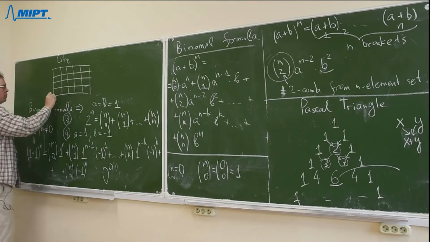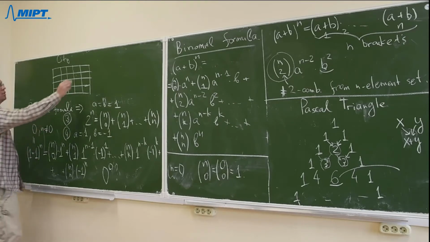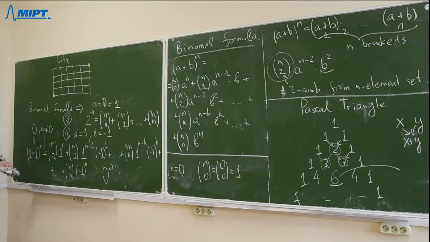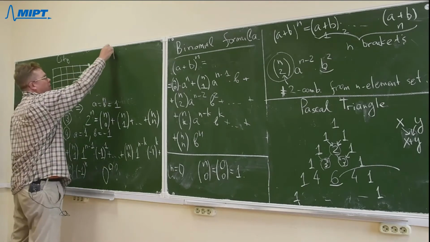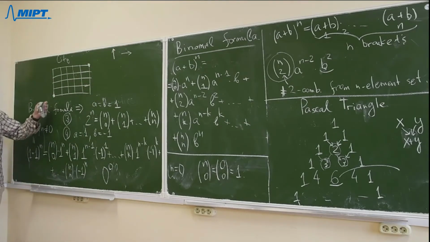And suppose we want to go from the lowest left point to the upper right point. And we, of course, want to get there as fast as possible, so we go only north and east. Do you know how many possible ways there are of going from this point to this point?